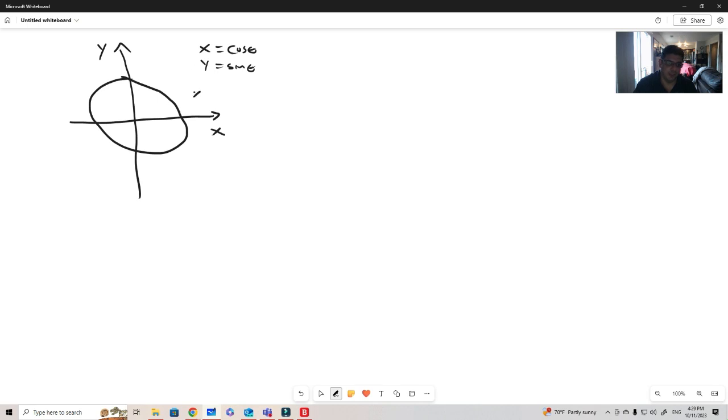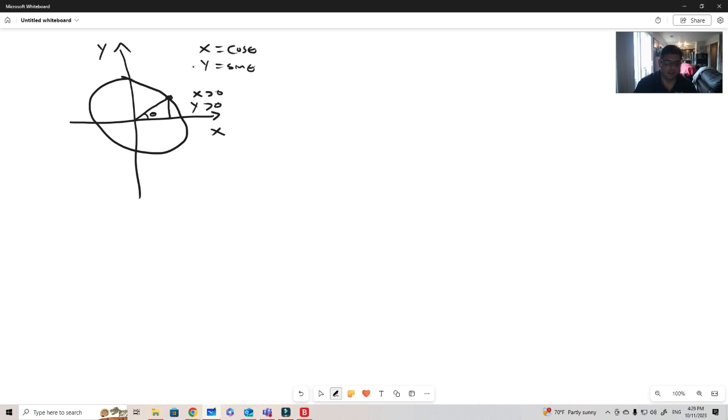Because we have that x on the first quadrant is positive and y on the first quadrant is positive, that also means that cosine and sine in this quadrant are positive. If I have an angle theta here, then these coordinates from this point are defined by x equals cosine of theta, y equals sine of theta.